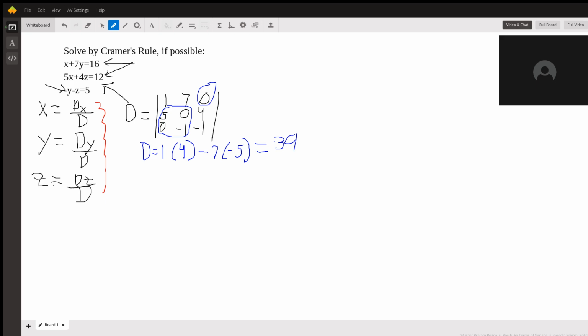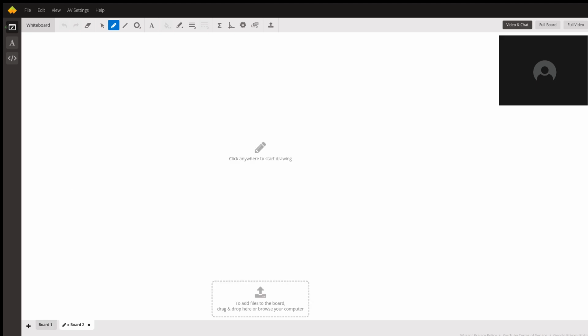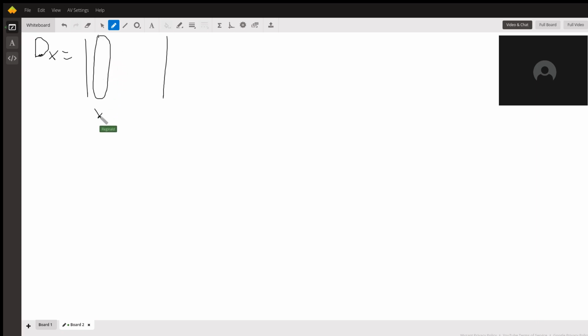I'm going to go to another board here. So what's the definition of d of x? This column where the x's are, think of it as x, y, and z.